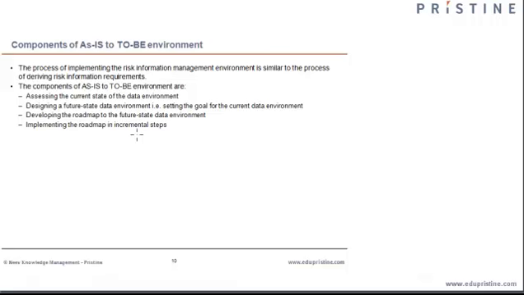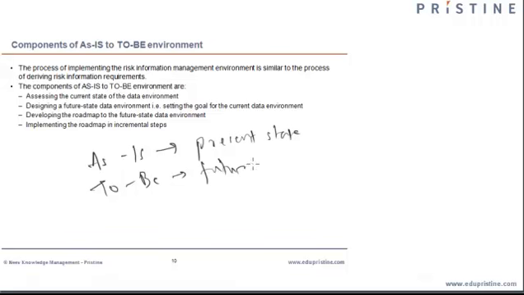Finally, let us move on to the components of as-is to to-be environment. As-is is nothing but my present state where I am sitting, and to-be refers to the future state or the desired state.